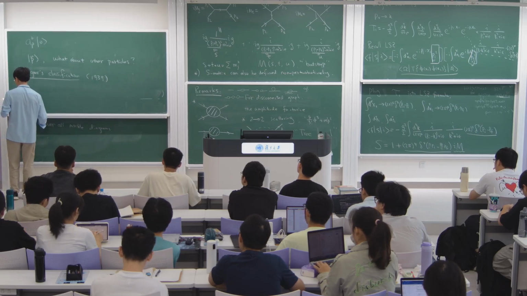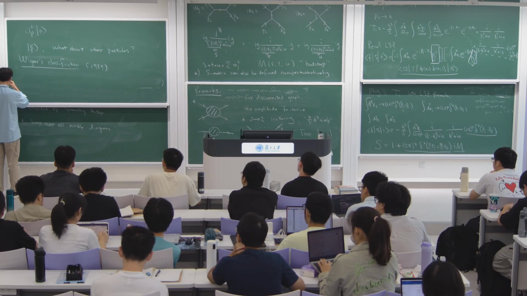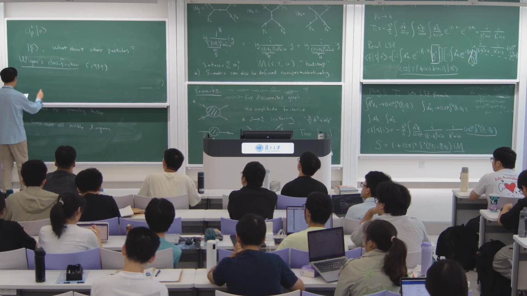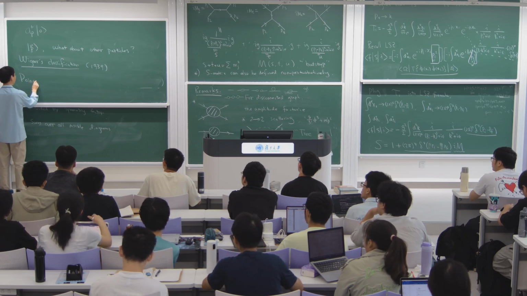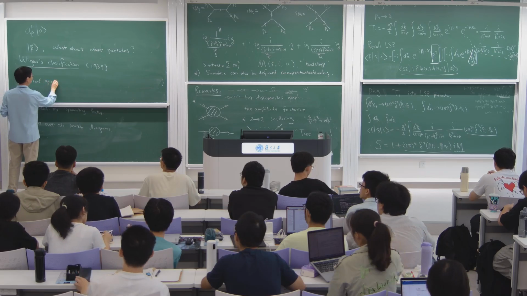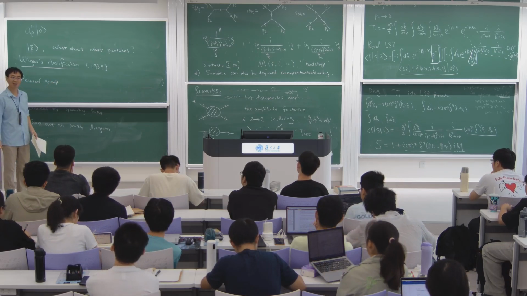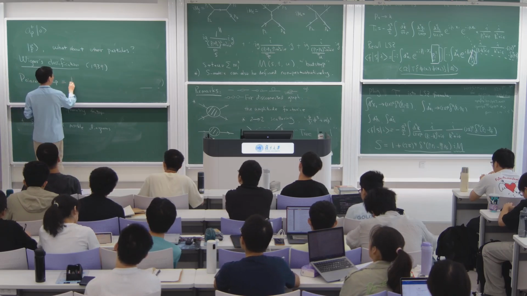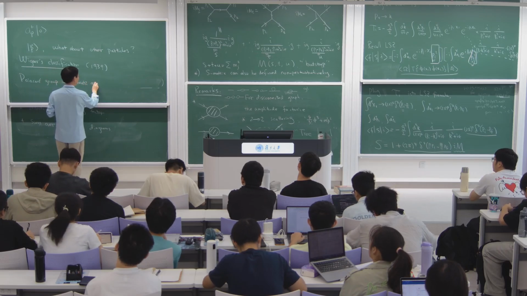Preparation is the first step. We have to make it clear that the entire symmetry of our space-time is the so-called Poincare group. What is the Poincare group? It's simple. We already understood what the Lorentz group is. So the Poincare group is nothing but the Lorentz group plus what?